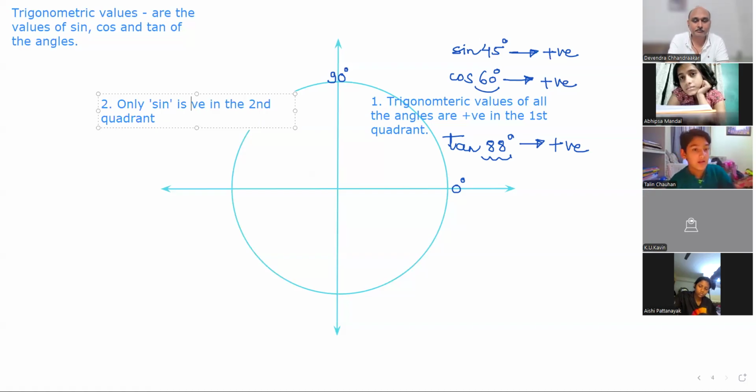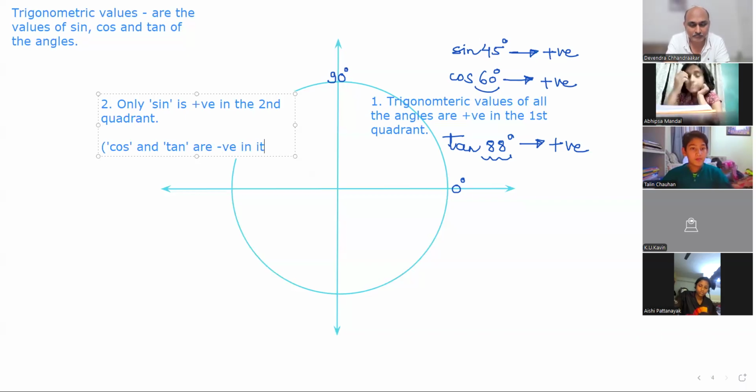Only sine is positive in the second quadrant. That means cos and tan are negative in it.